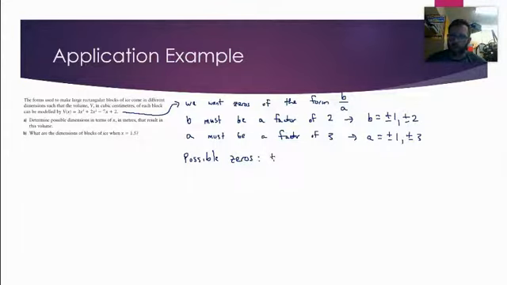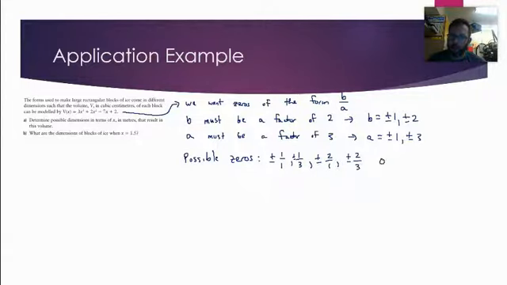So we just run through all the combinations. It could be plus or minus 1 over 1 or 1 over 3, or plus or minus 2 over 1 or 2 over 3.